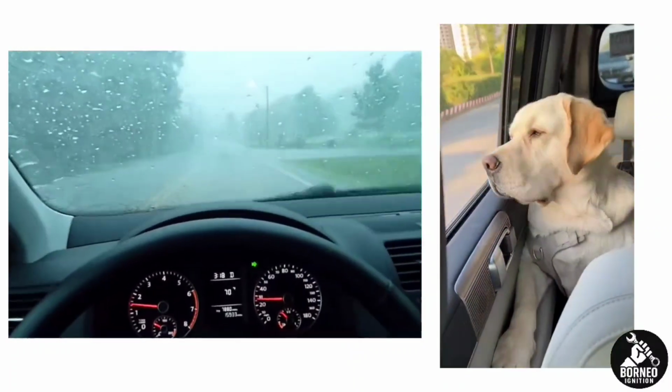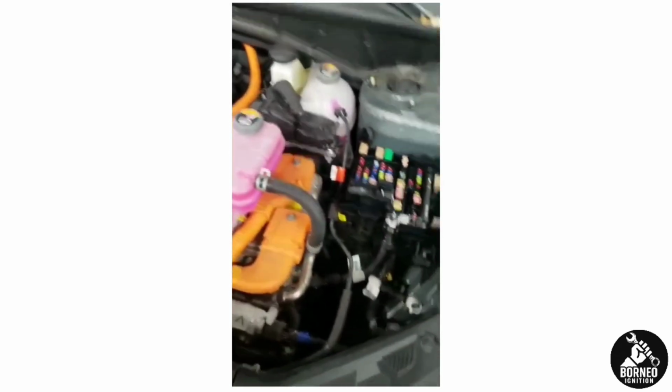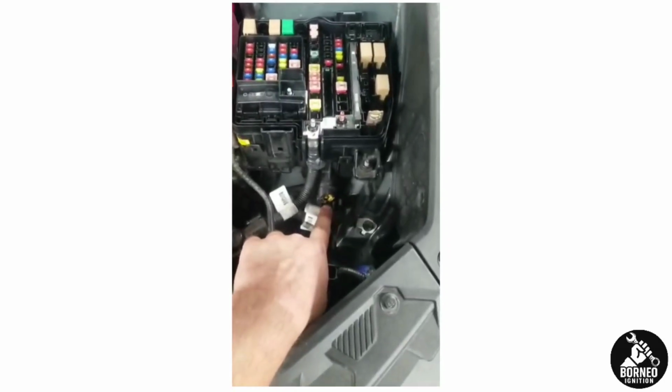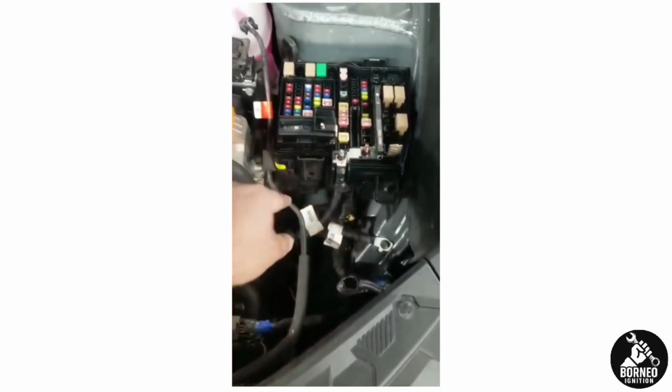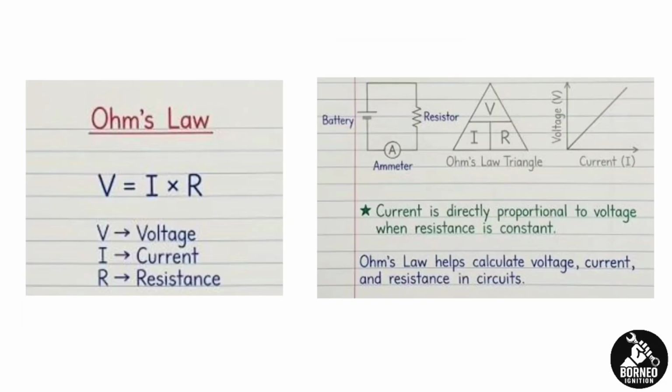Point number 3, we need to understand Ohm's law. If we are troubleshooting a vehicle, understanding Ohm's law is very important, because Ohm's law is the relationship of voltage, current and resistance. When we are troubleshooting a car, when it comes to electricity, we always deal with voltage, current and resistance.